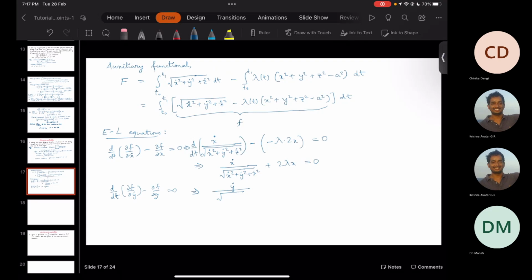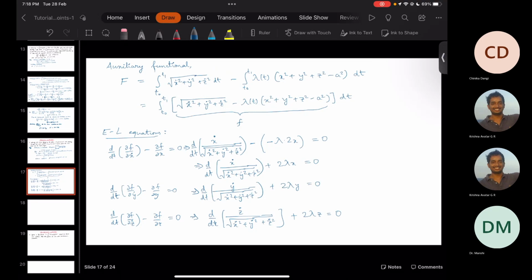So similarly, d by dt again, and likewise for dou f by dou z dot, equal to 0, and this gives us d by dt of z dot divided by the square root of x dot squared plus y dot squared plus z dot squared.